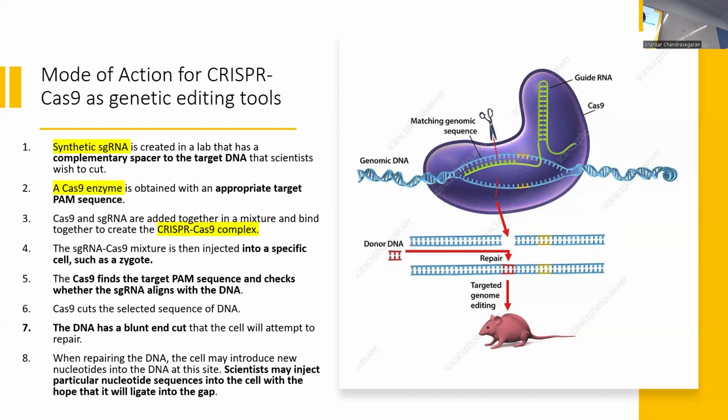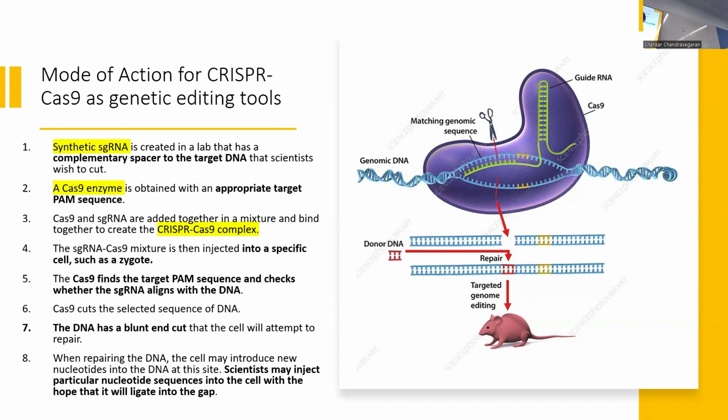And then once the Cas9 enzyme is obtained with the appropriate target PAM sequence, they both will be bound together to form the CRISPR-Cas9 complex. Once that's happened, it will be injected into a cell or a zygote, right?